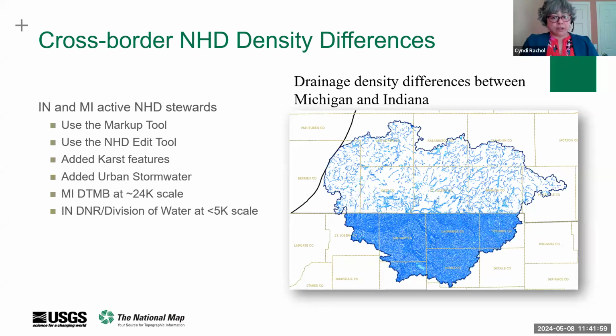The image on the right shows the Indiana border and the Michigan border with the obvious density differences between the two states. This is an example of how two states can have vastly different drainage networks. The USGS wants to avoid these types of discrepancies in the future by deriving the hydrography from elevation using the same methods and relying on the same base data.